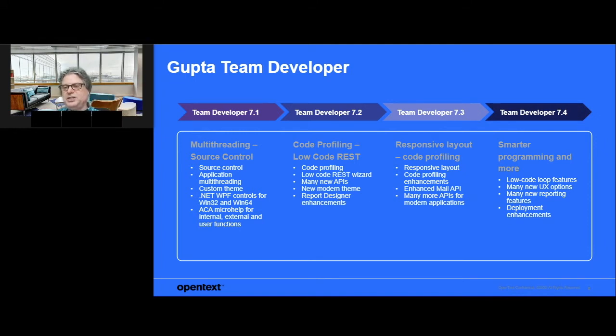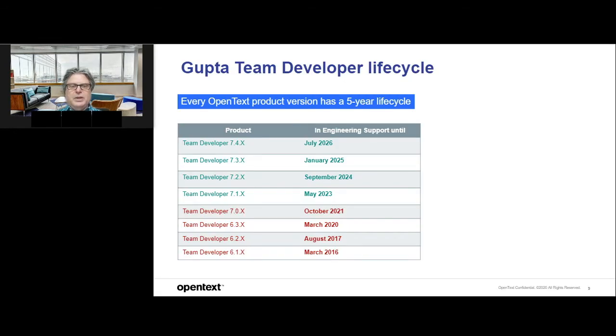Or do a combination of both, like increase the font and do the increased amount of data information that you want to display. But that's something that Helmut will talk about in detail today. So a quick look at the lifecycle. Team Developer 7.4 will go out of support in July 2026.